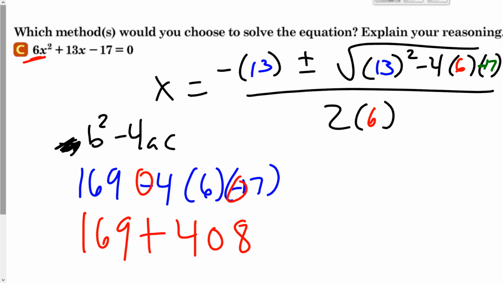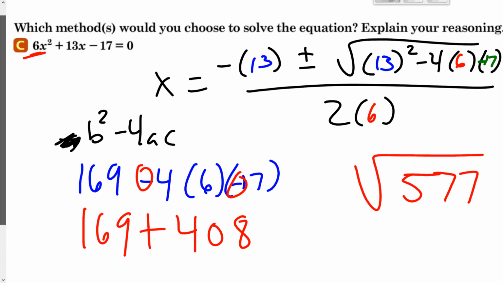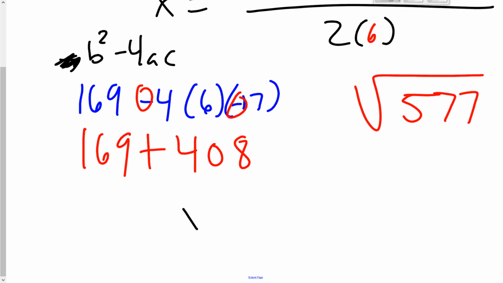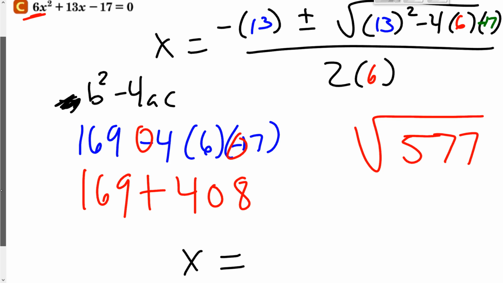And that is what's going to go underneath the root. So underneath the root is 577. Okay, so not just 577, it's not plus or minus 577, it's plus or minus the square root of 577. Alright, now we have x equals a negative b, so that'd be a negative 13.